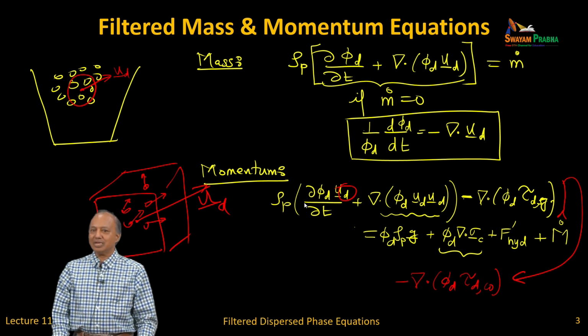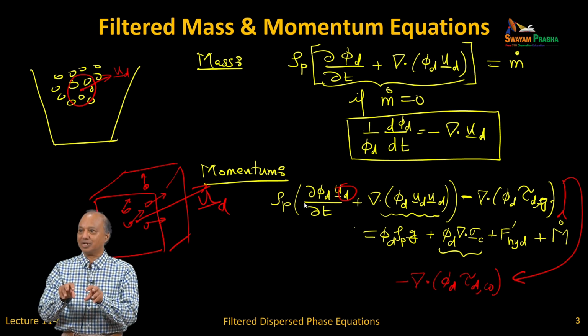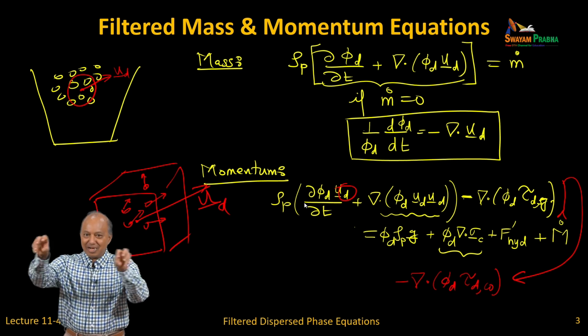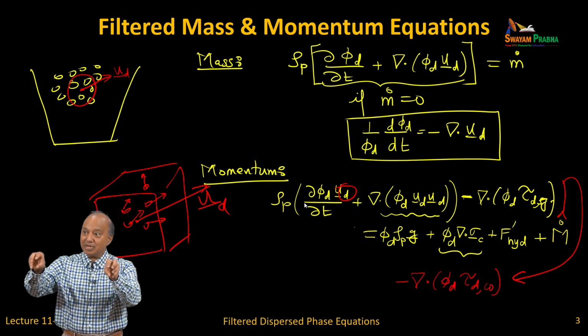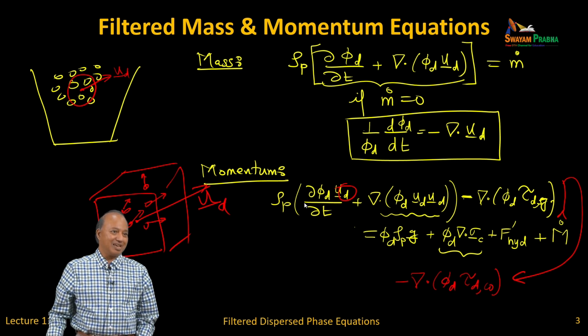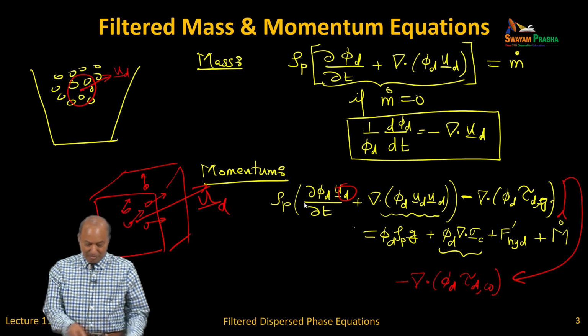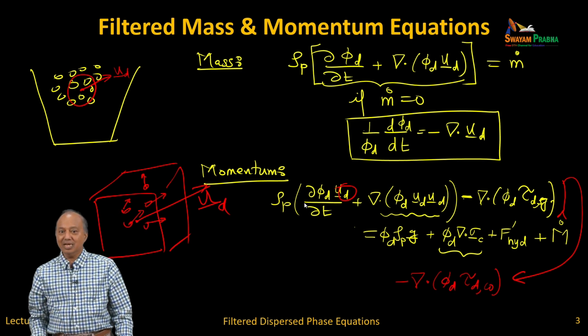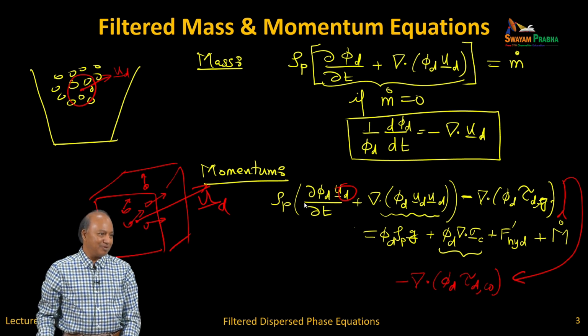And the third one is also close interaction, but really close interaction, which is collision. So particles come and collide. Collision is a very big mechanism for introducing velocity fluctuation. So when you look at these particles and ask what is your velocity, it may be substantially different from ud.